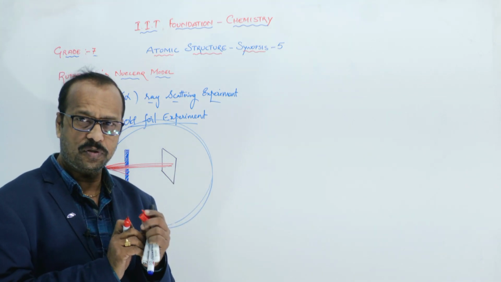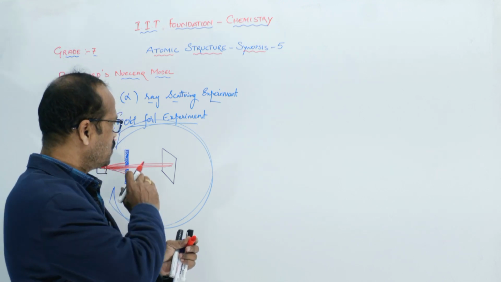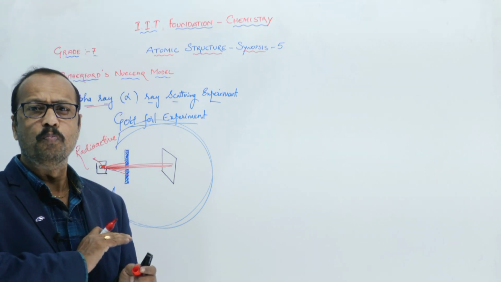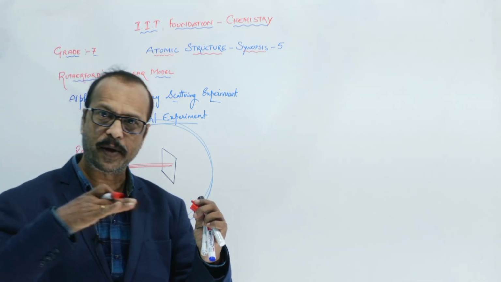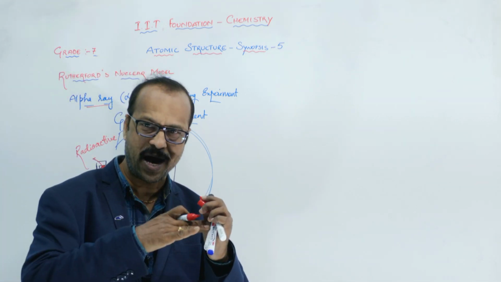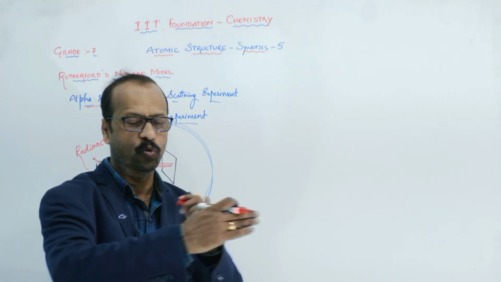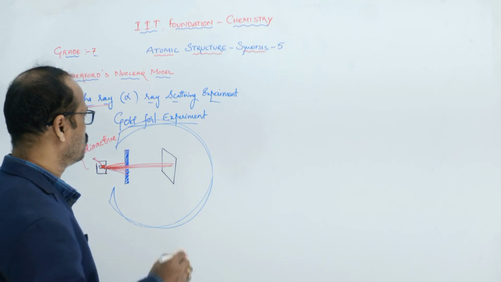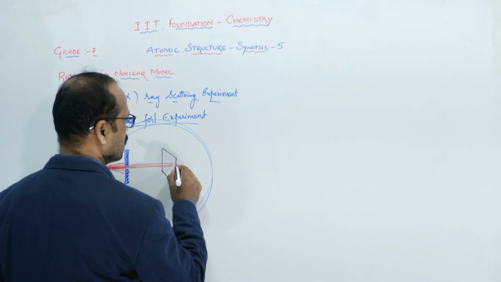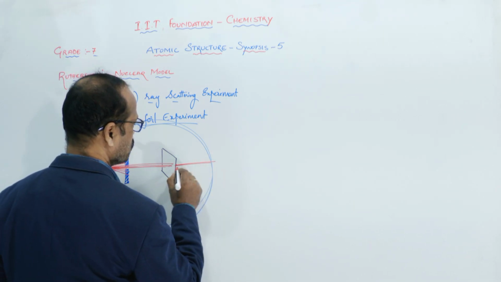Rutherford observed that after striking the gold foil, most of the alpha particles are penetrated, meaning passed through the gold foil. He observed that most of the alpha particles are passing straight through the gold foil.